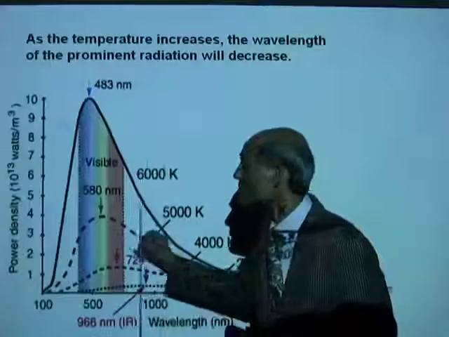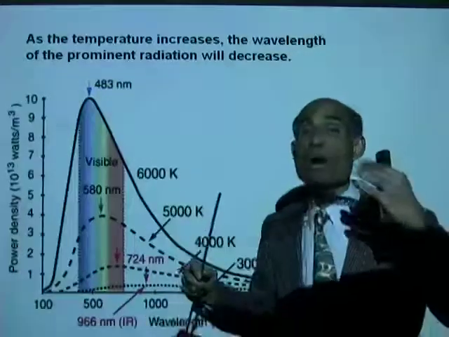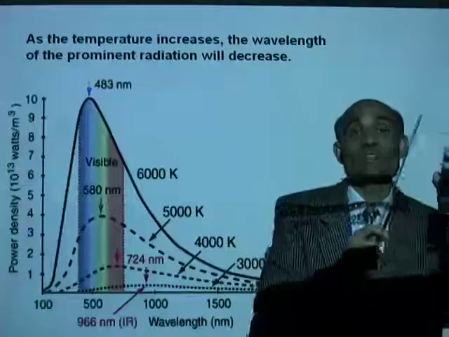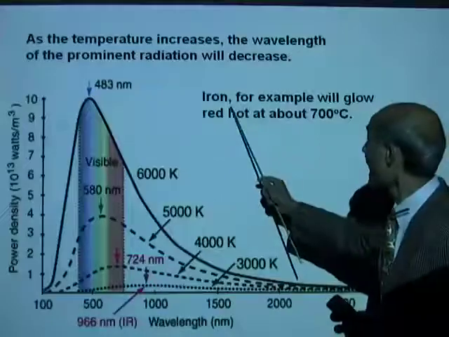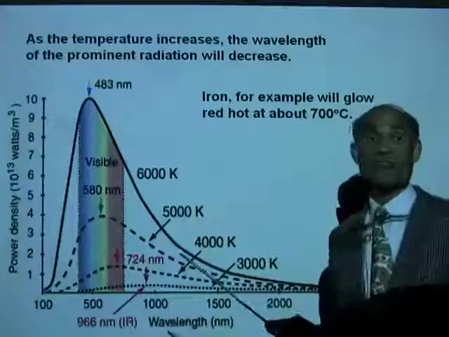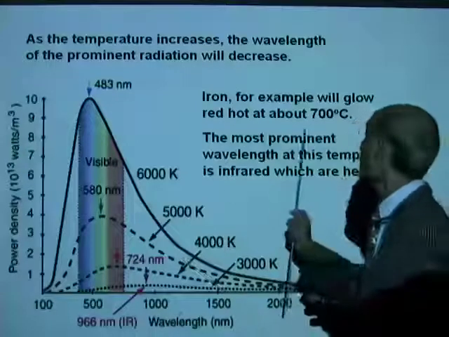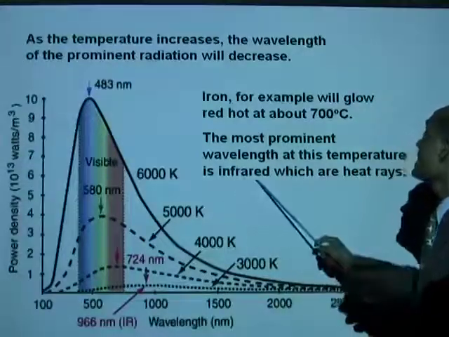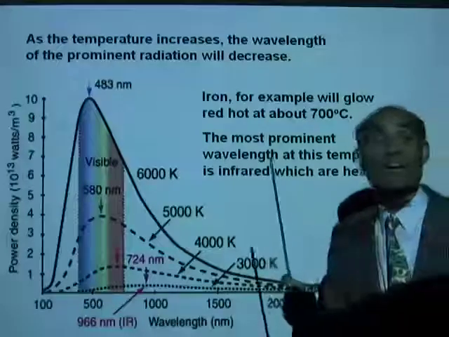It will become shorter and shorter. Iron, for example, will glow red at about 700 degrees Celsius. The most prominent wavelength at this temperature is infrared, which are heat rays.